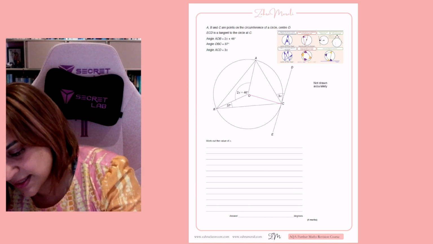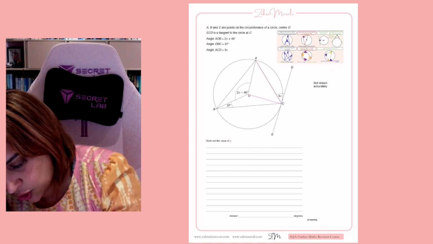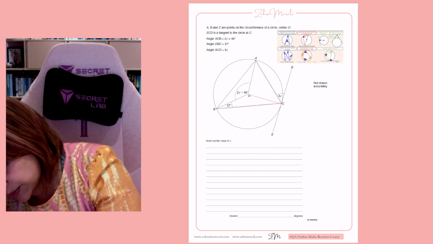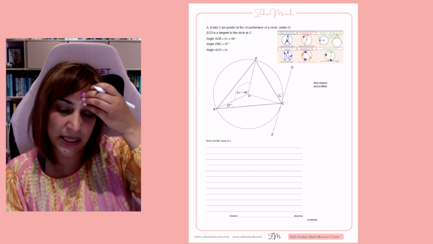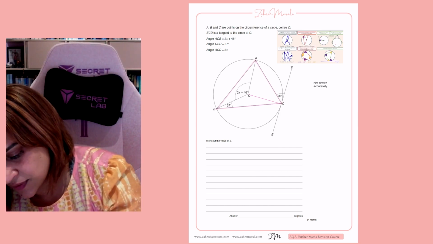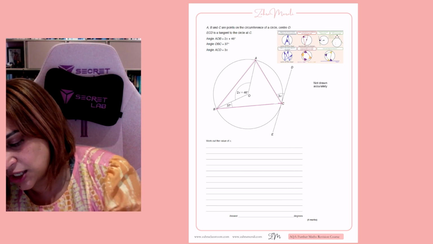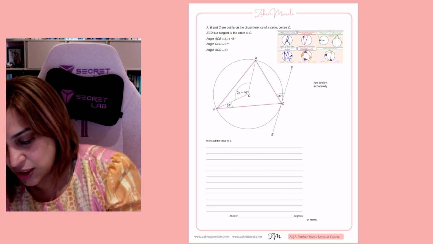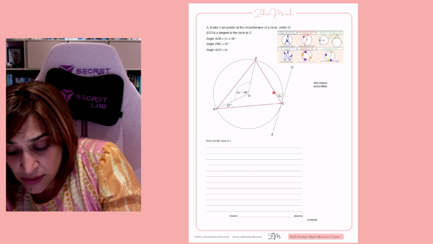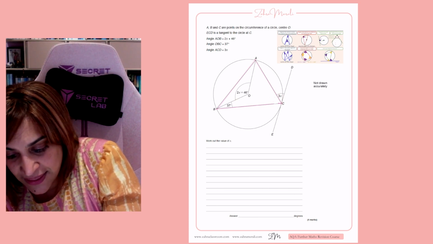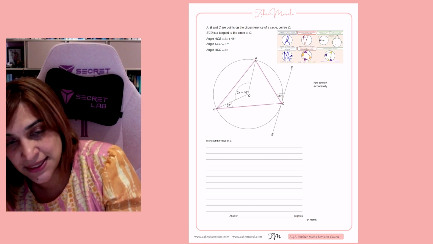Now, for the alternate segment theorem, we've got to think about a whole triangle. I know this is split into lots of triangles, but the triangle there. What the alternate segment theorem says, if I get rid of this line, is that you've got an angle, you go into the triangle and you go across. And this bit here, therefore, is the same as 3x.